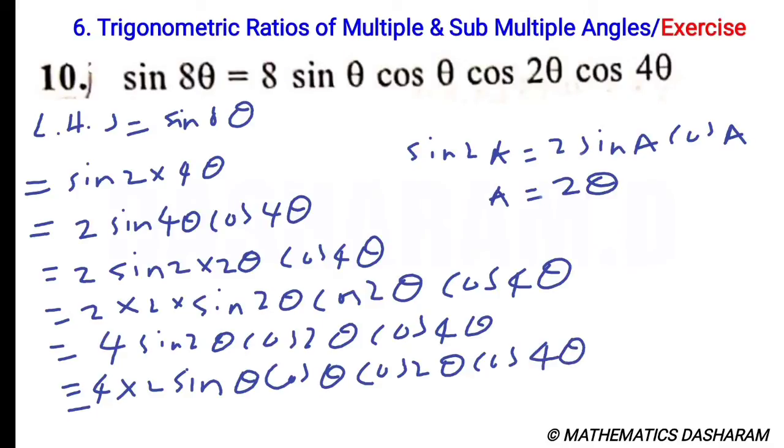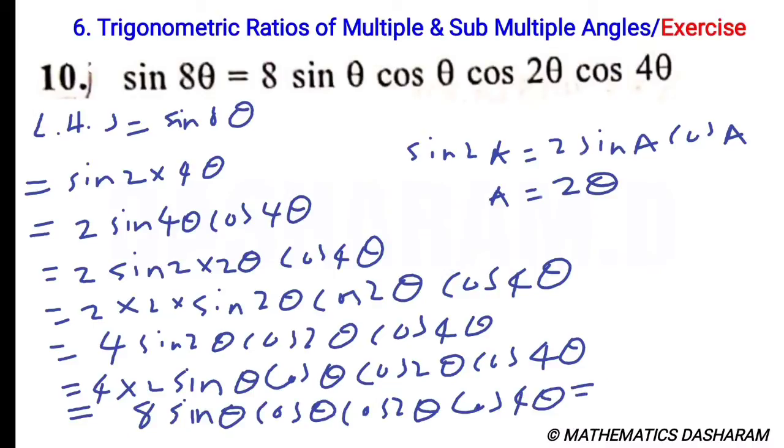So now 4 2s are 8, sin theta, cos theta, cos 2 theta, cos 4 theta. So it is equal to RHS. So hence proved.